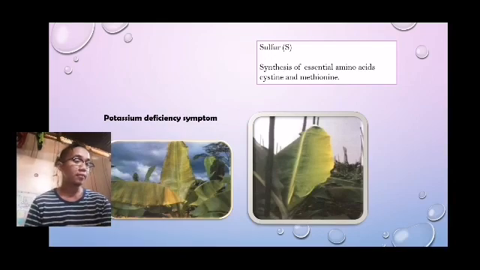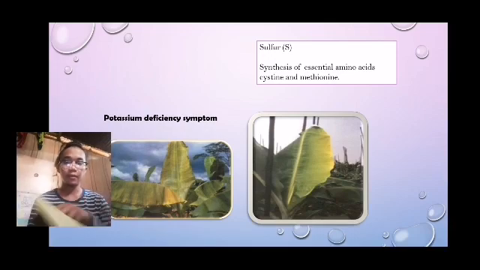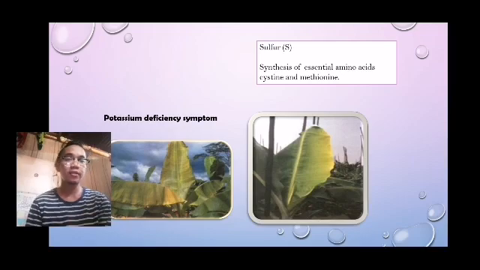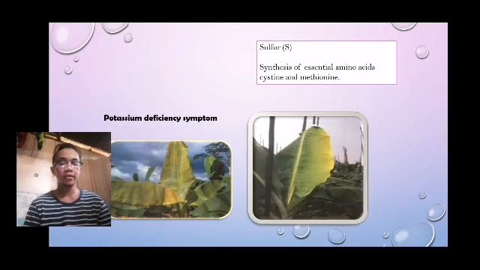The next is sulfur. Sulfur is involved in the synthesis of the essential amino acids cysteine and methionine. It is essential for protein formation as a constituent of these amino acids.